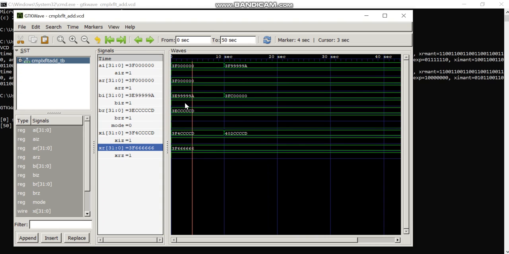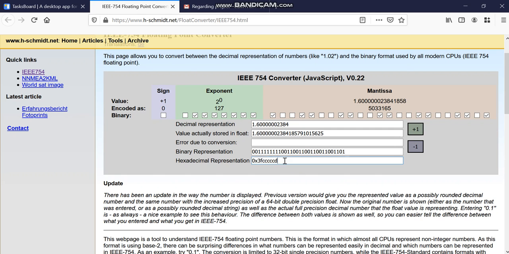So now let us look into the correctness of the output. The first set of inputs that I have given were A is 0.5 plus i 0.5. So A's real part was 0.5. This is 0.5, and B's real part is this. So the output real part should be 0.9. Let us check whether this hexadecimal representation is equivalent to 0.9.